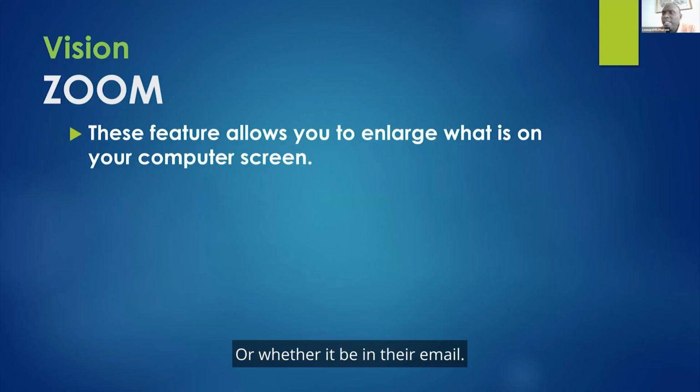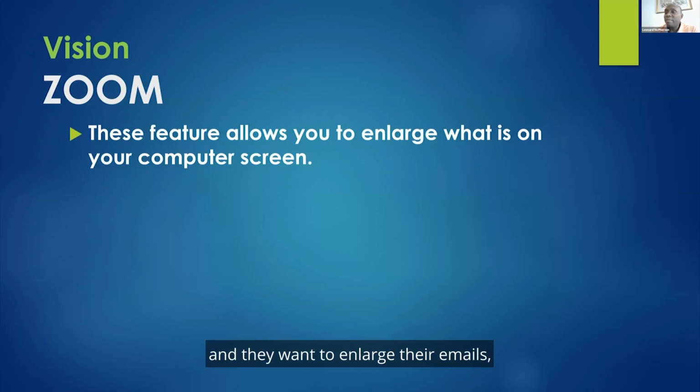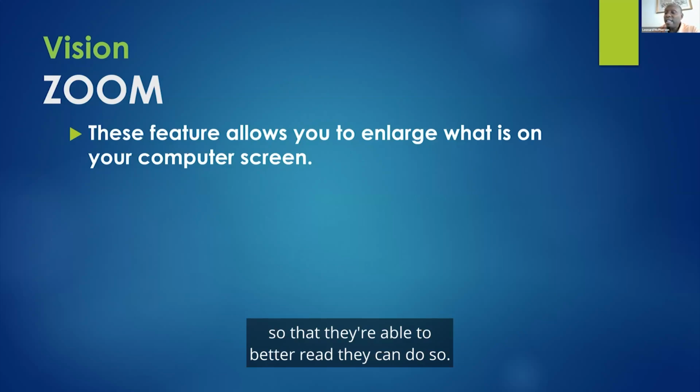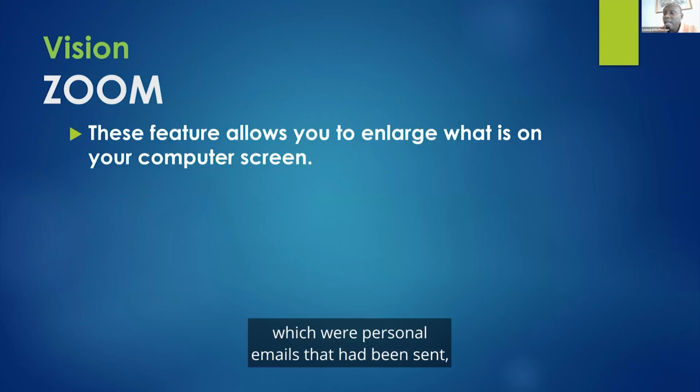Or whether it be in their emails. If they're looking at their emails and want to enlarge them so they're able to better read, they can do so. This could be used for leisurely emails, which are personal emails, but it also could be done in the workplace.